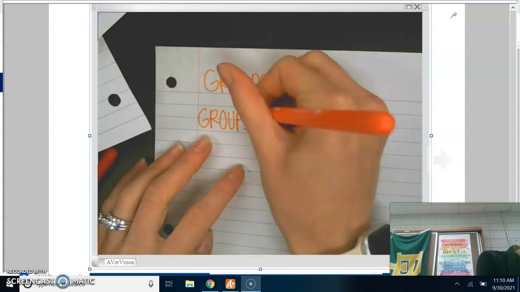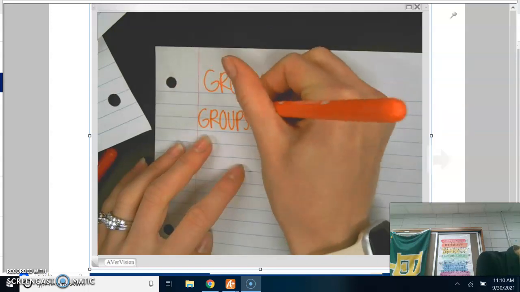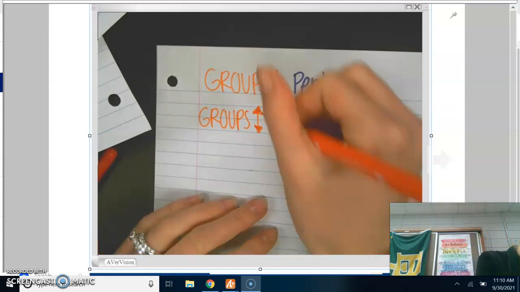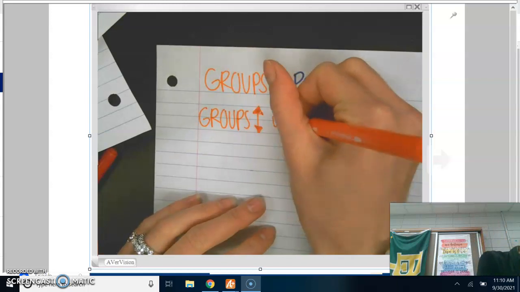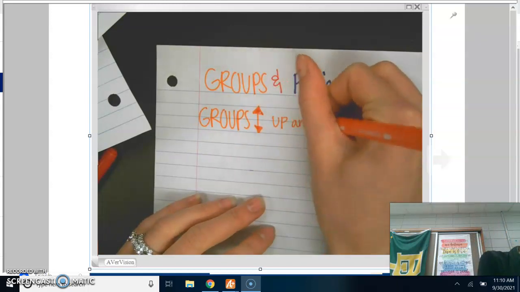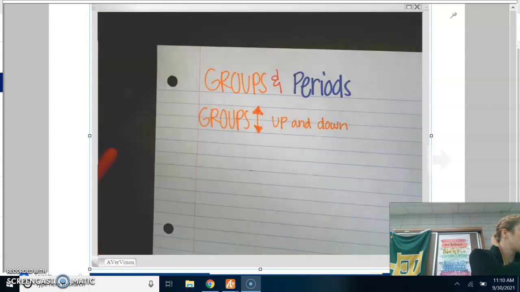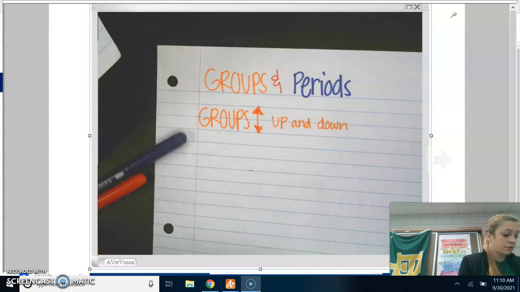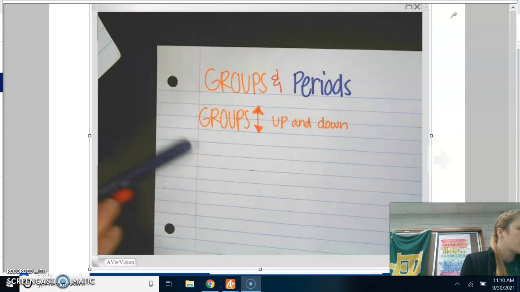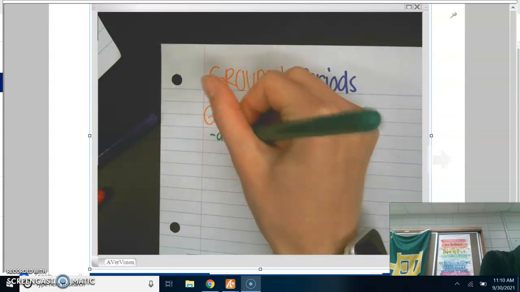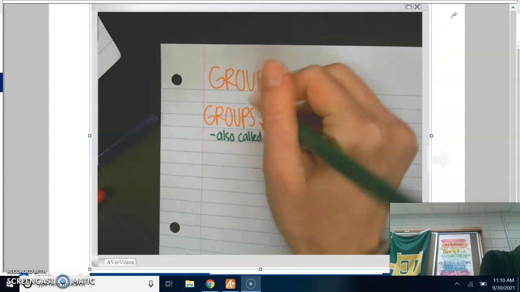Groups go up and down on the periodic table. The group number is written on top of the group. Need a different color. Let's use this one. All right. So groups are also called families.